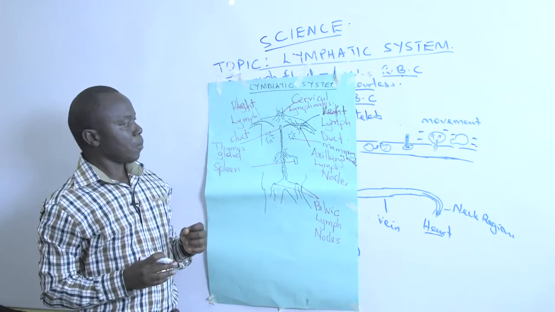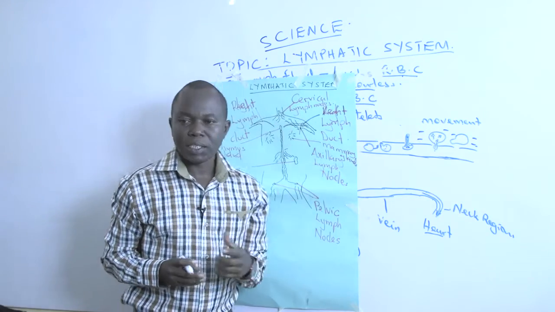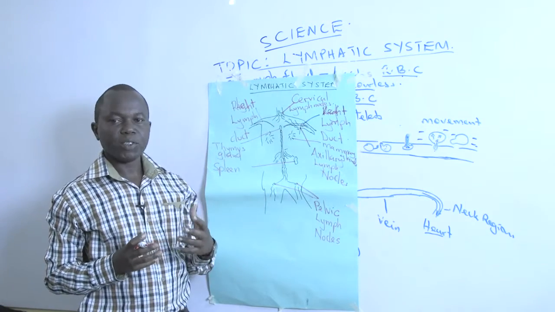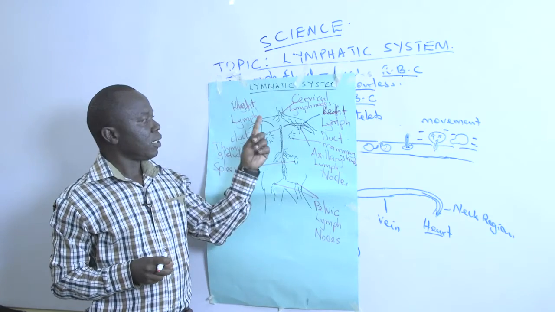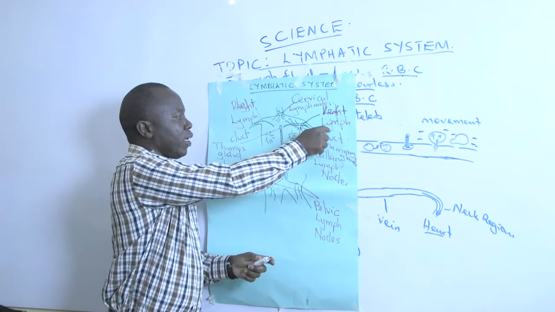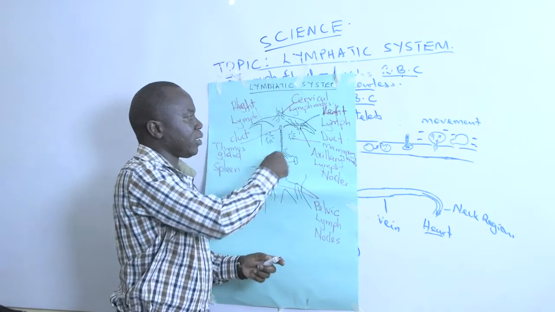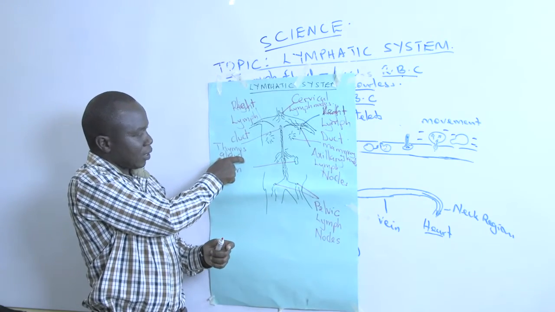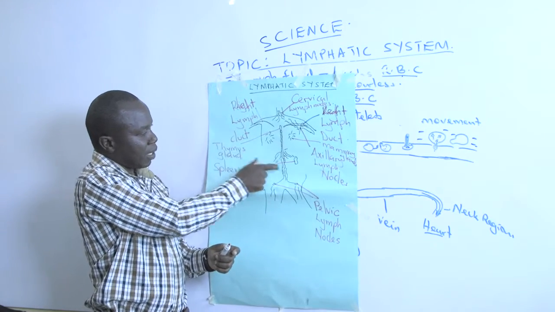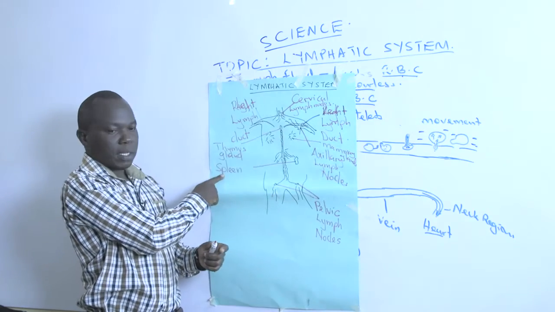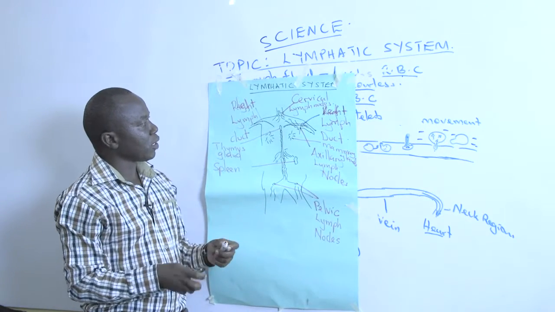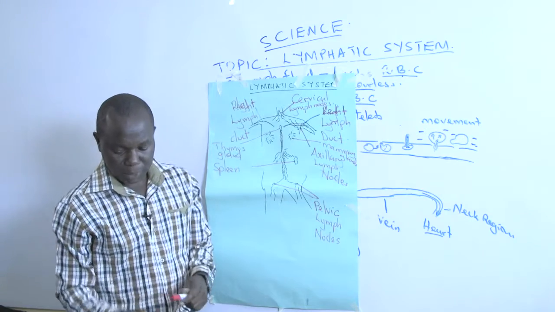So the lymphatic system will consist of 3 parts, as we have mentioned: the lymph fluid, the lymph vessels, the left lymph duct, the right lymph duct, and glands. We have the thymus gland, the mammary glands, and an organ, the spleen. We shall look at the role of each of those parts.